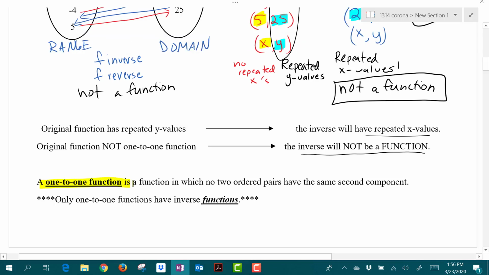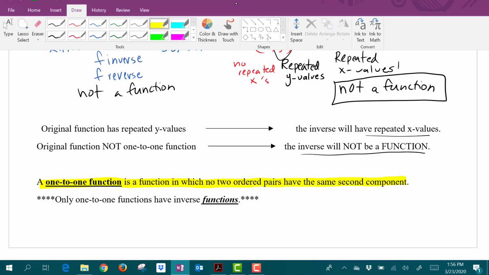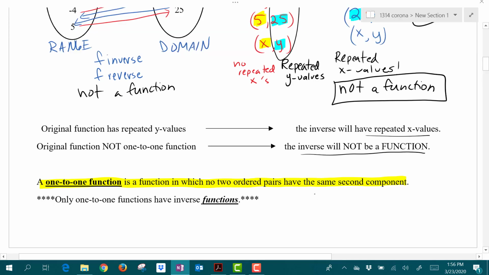A one-to-one function is a function which has no two ordered pairs that have the same second component. What does that mean? That means when you look at the ordered pairs, we want to have no repeated y values.